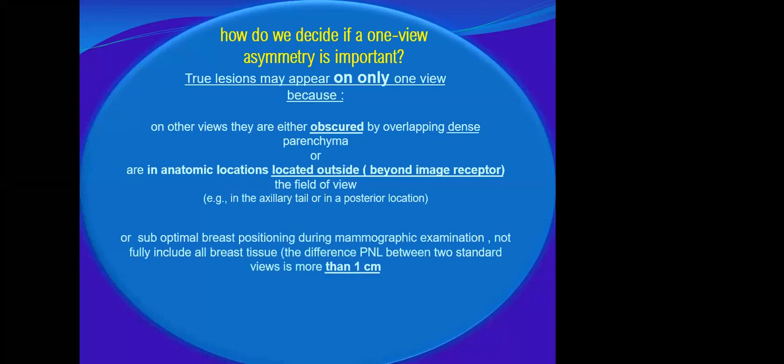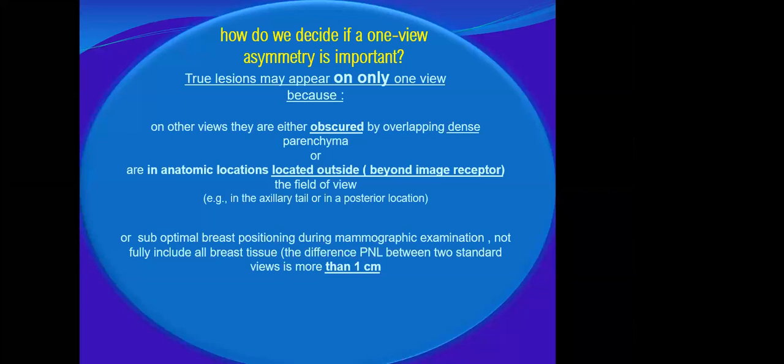We described all these in the mammographic technique and positioning lectures, or suboptimal breast positioning during mammographic examinations. See, the breast is not well positioned, so some of the breast is excluded from the image, not fully including all breast tissue. And as we described before, you might evaluate it by the posterior nipple line.